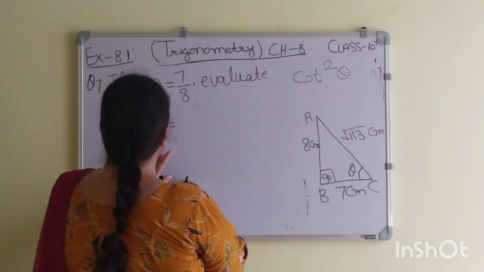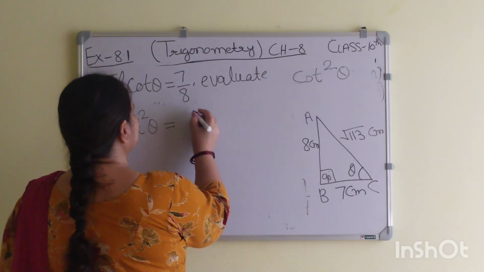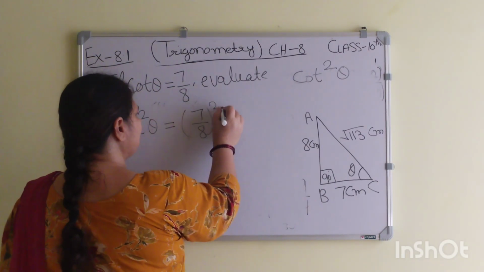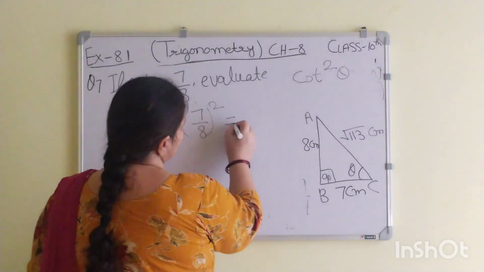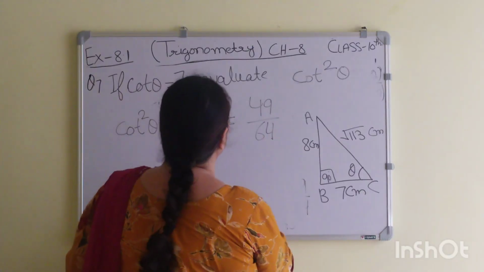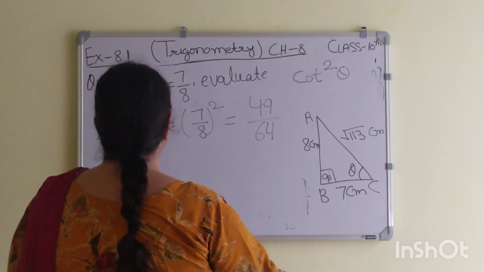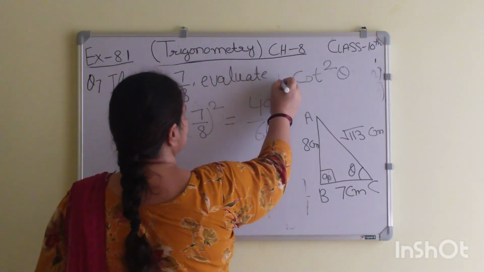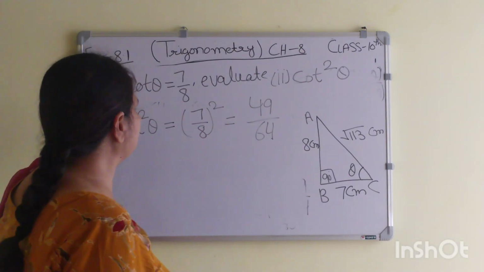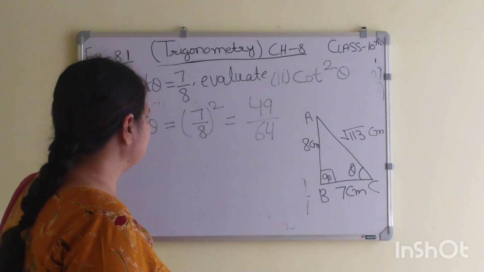Cot square theta will be (7 upon 8) whole square, which is equal to 49 upon 64. This is the second part of question number two.